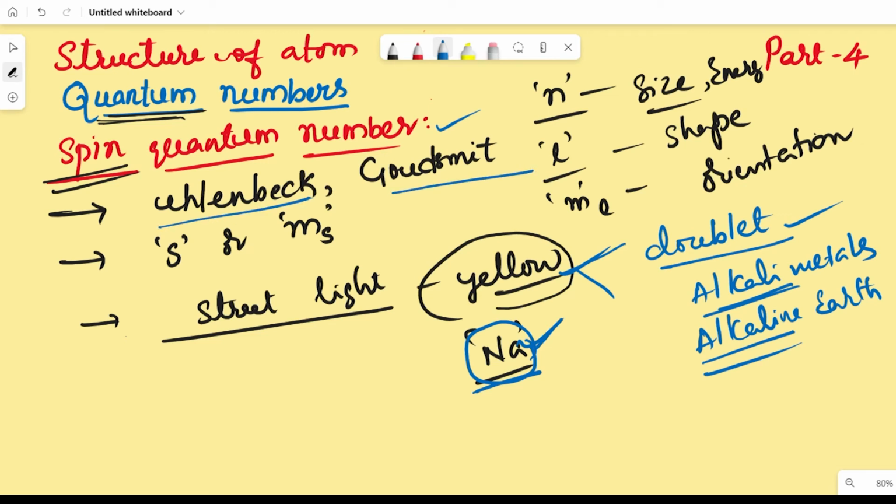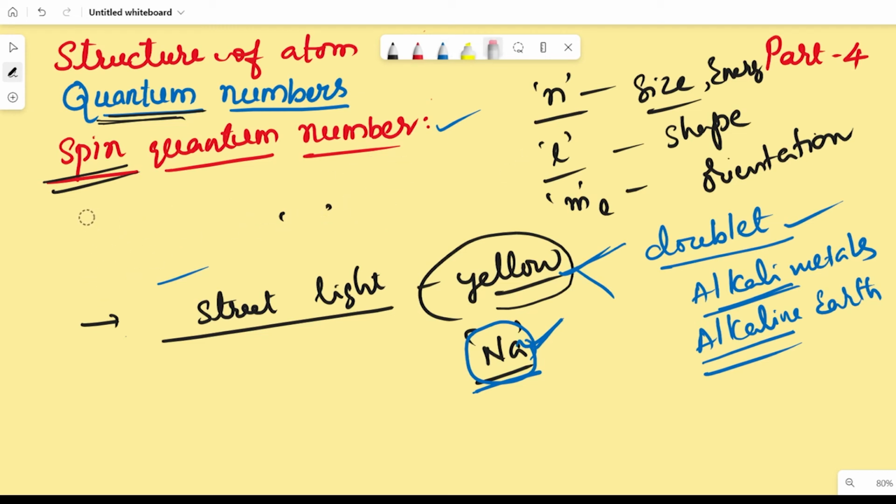So this spin quantum number is represented with ms or s. What does it indicate? The spin quantum number refers to two possible orientations of spin of an electron. Here it indicates the spin of an electron. There are two possible orientations for an electron.